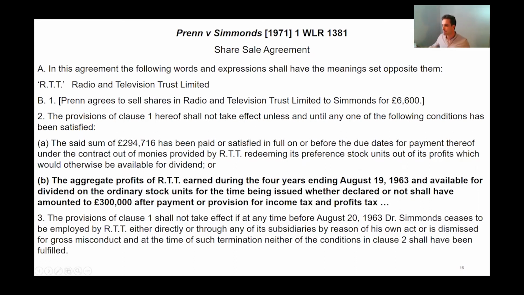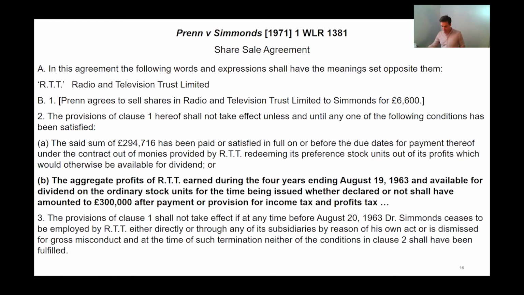That didn't happen. The contest was whether the share sale was triggered because Clause 2B was satisfied. Clause 2B provided that the share sale would go ahead if the aggregate profits of RTT earned during the 4 years, blah, blah, blah, whether declared or not, shall have amounted to £300,000.